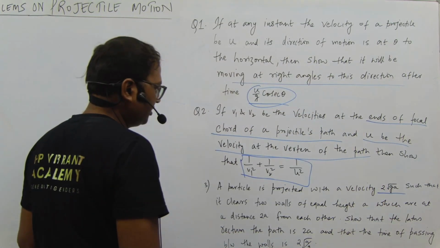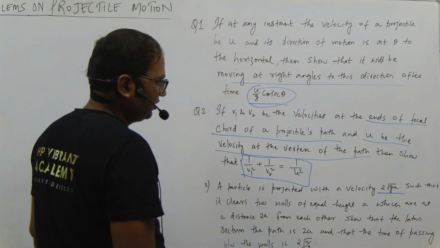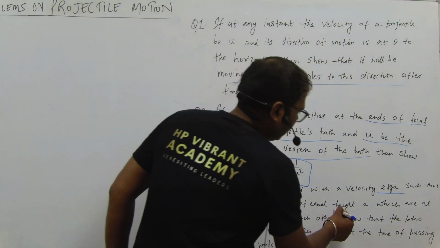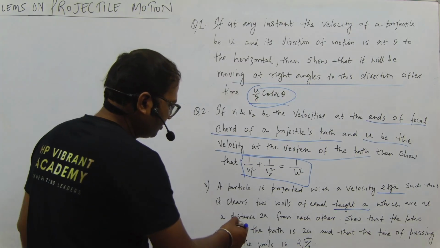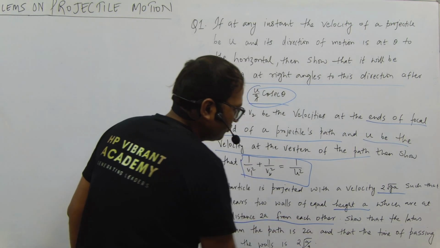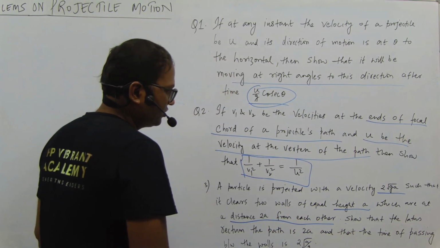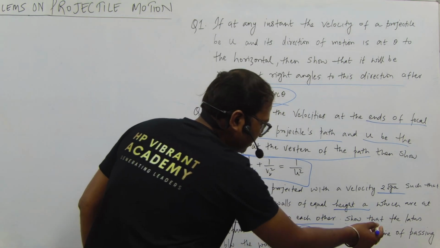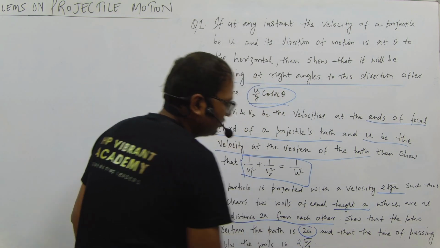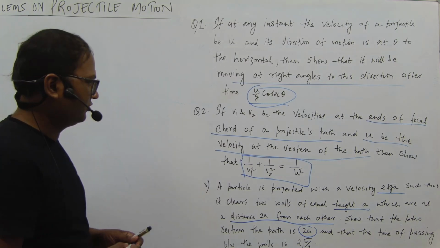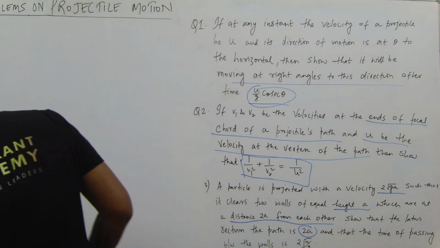Show that it clears two walls of equal height A, which are at a distance of 2A from each other. Show that the latus rectum of the path is 2A, and the time of passing between the walls is 2 root under A upon G. So it is a very simple question, based on concepts.